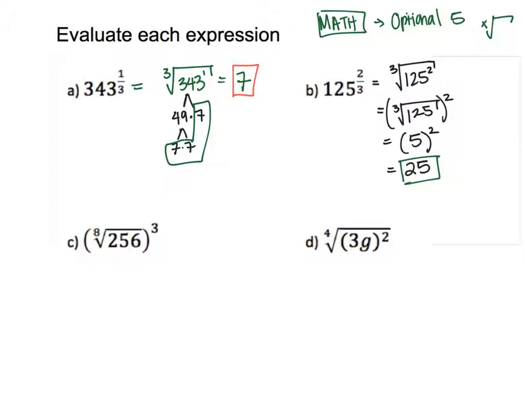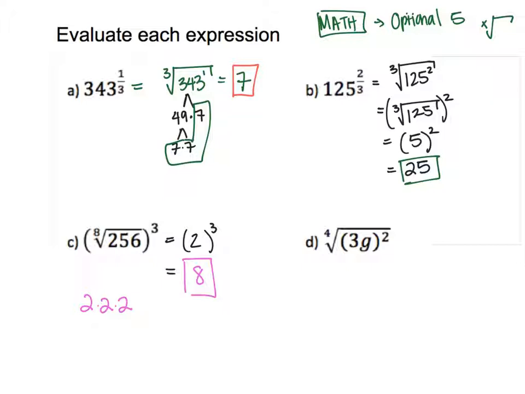So I'm actually going to plug this in the calculator, the 8th root of 256. Feel free to use that tip there to press that in your calculator. But the 8th root of 256 is 2, and then I have a 3 out here. And then 2 to the third power, well, that's like 2 times 2 times 2. So 2 times 2 gives me 4. 4 times 2 gives me 8. So it looks like I have 8 as my answer.